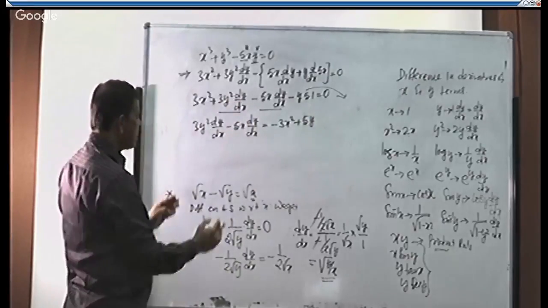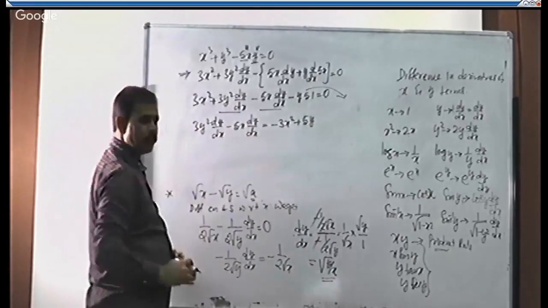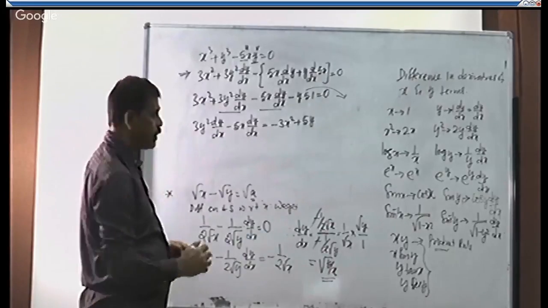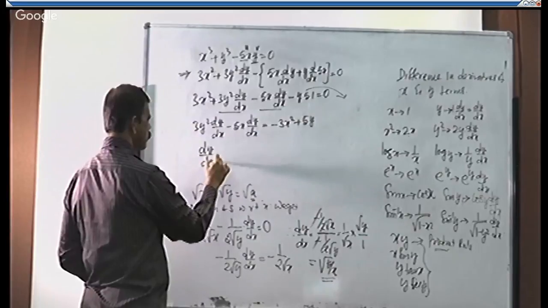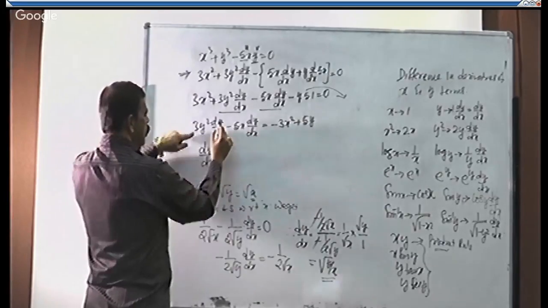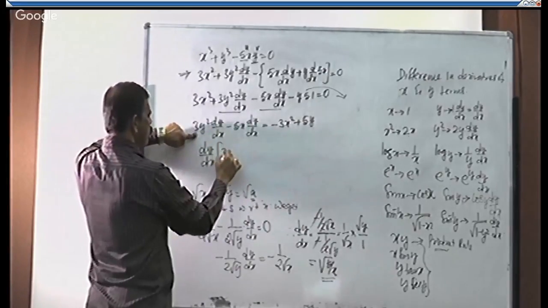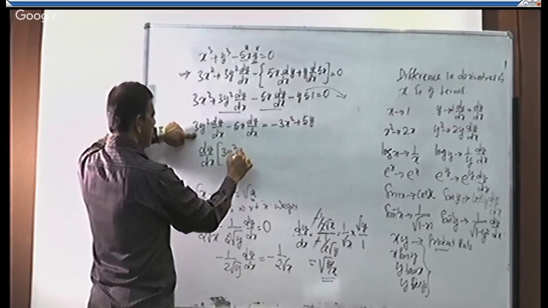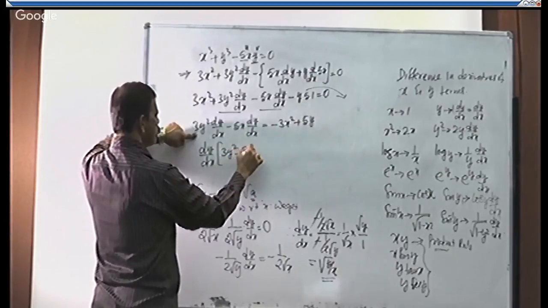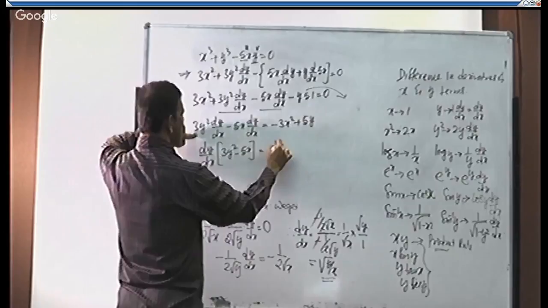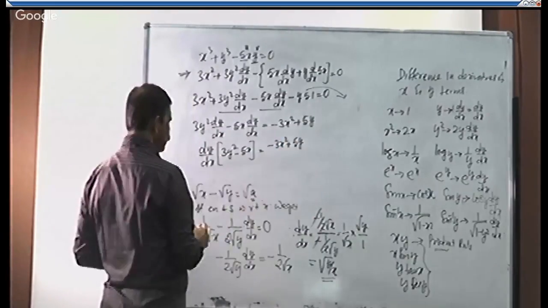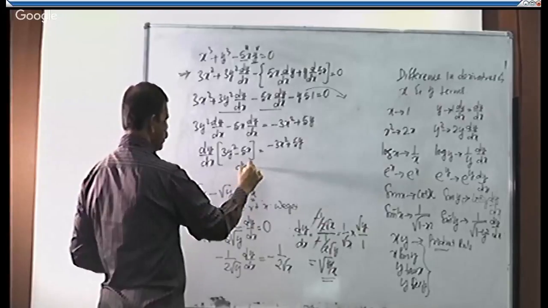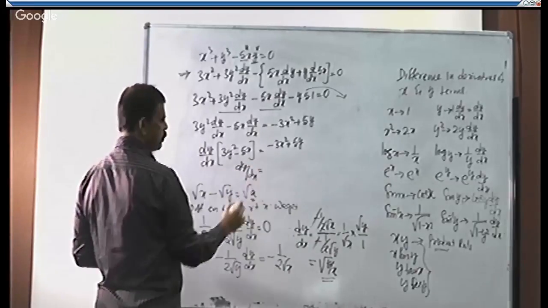So after collecting all dy by dx terms to the left side and the others to the right side, take dy by dx common at the left side. Dy by dx is common. What is remaining? 3y square minus 5x is equal to minus 3x square plus 5y. Finally, you write dy by dx is equal to what?